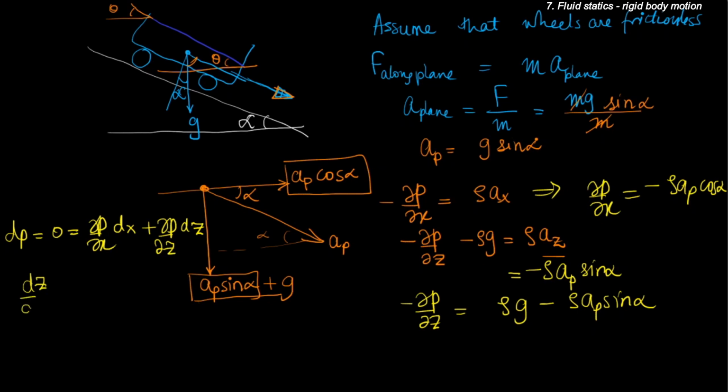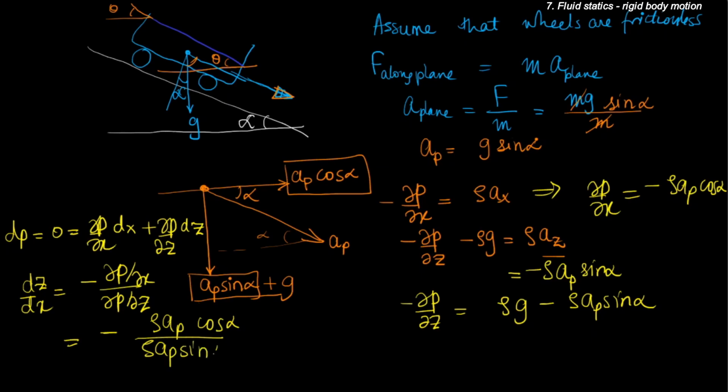So dz dx is equal to minus of del p del x upon del p del z, and this is equal to minus of, so del p del x was minus rho ap cos alpha, so there has to be a minus sign over here, and del p del z is equal to rho ap sin alpha minus rho g.